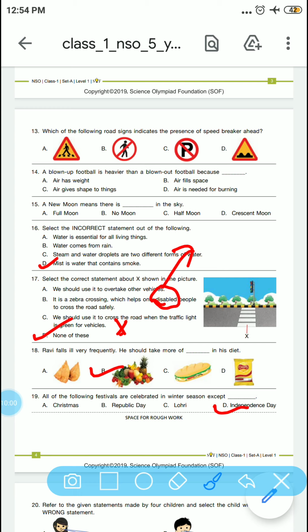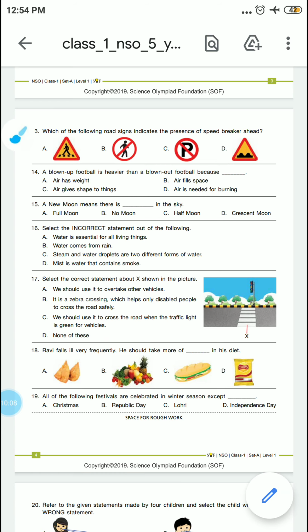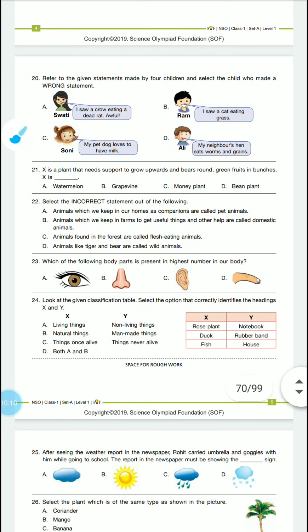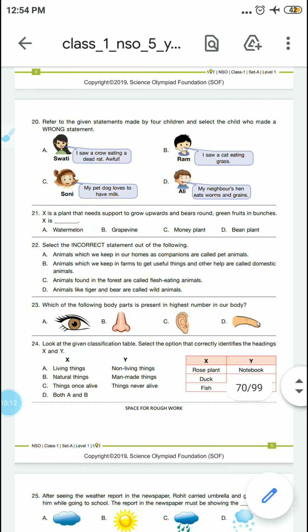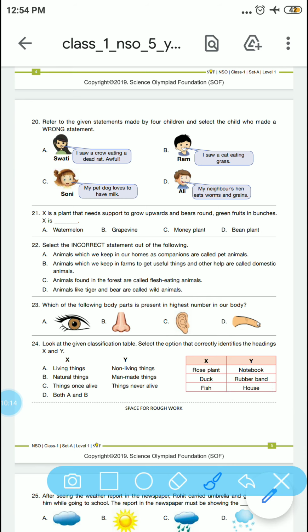Question number 19. The correct option will be Independence Day, option D. Let's see the 20th question right now. Refer to the given statements made by 4 children. Select the child who made the wrong statement.